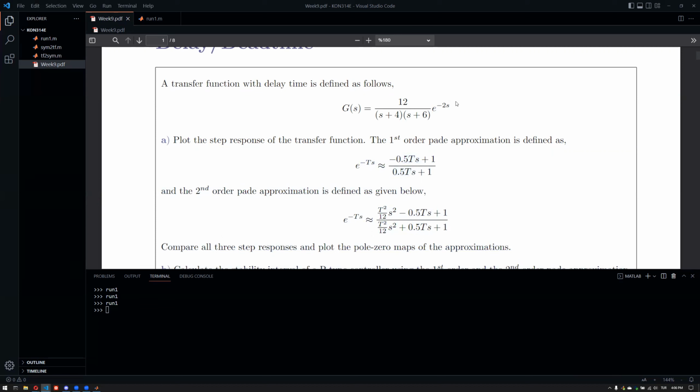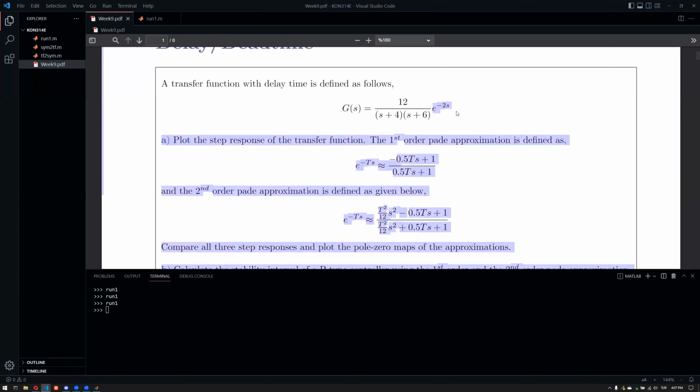Because you have a nonlinear term, you might open e to the power of minus 2s into its expansion and take some terms and use that as a transfer function. Of course, it's not impossible, or maybe not the worst idea, but the Padé approximation proves itself to be more useful, and we'll see how.